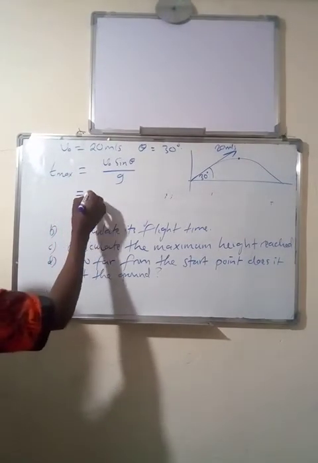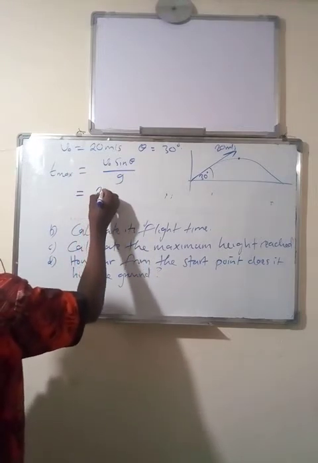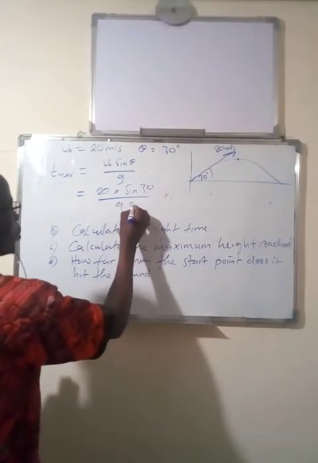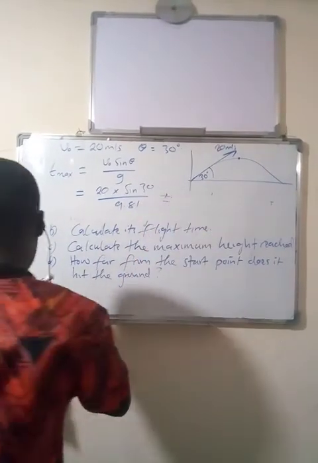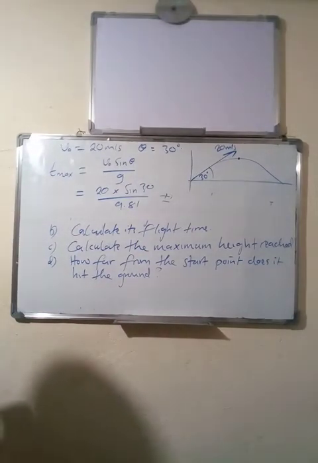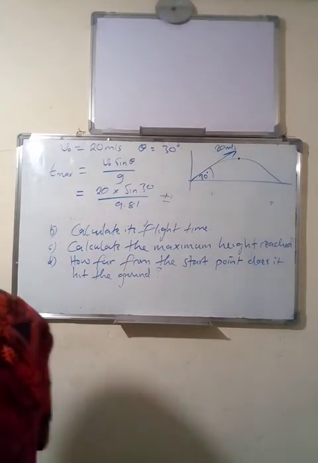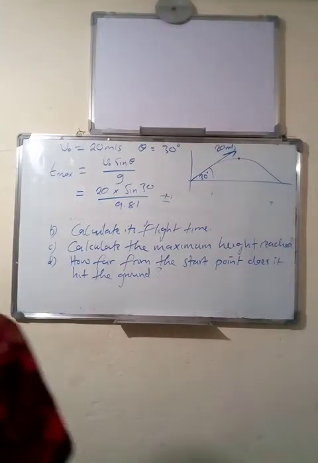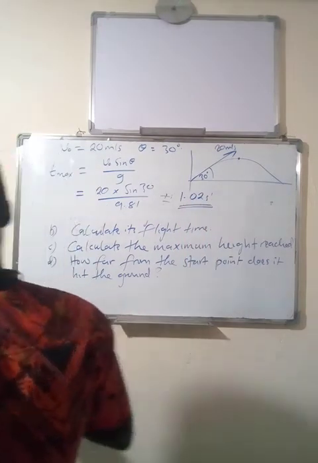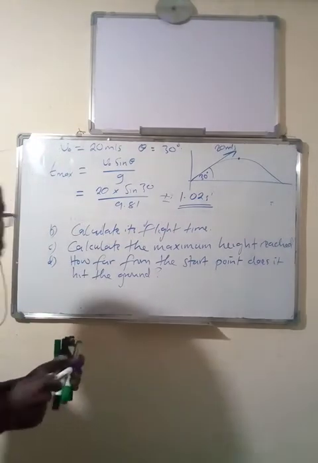So this is going to be our V initial, which is 20, multiplied by sine 30, divided by 9.81. So this is 20 multiplied by sine 30 divided by 9.81, which is 1.02 seconds. Okay, any problem with that one?